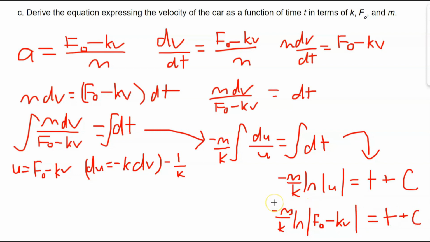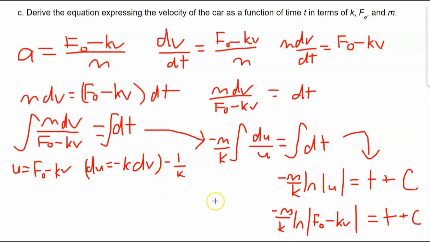Now, before we solve for the constant of integration, what I'd want to do first is get this expression so that it's solving for v. So on both sides, in order to get rid of negative m over k, we've got to multiply by negative k over m.